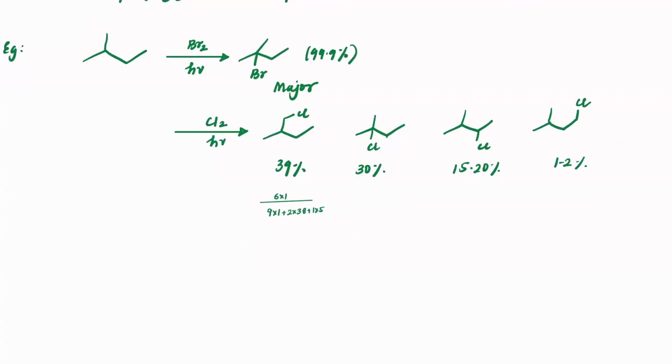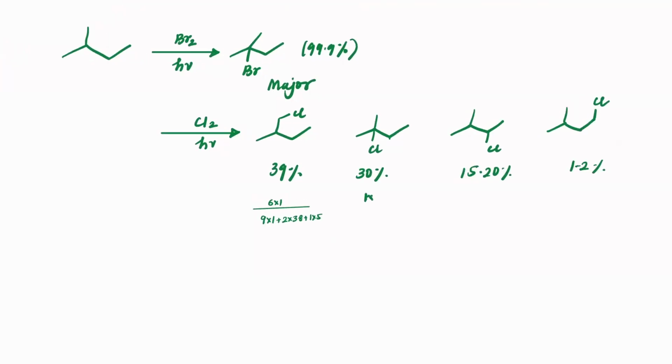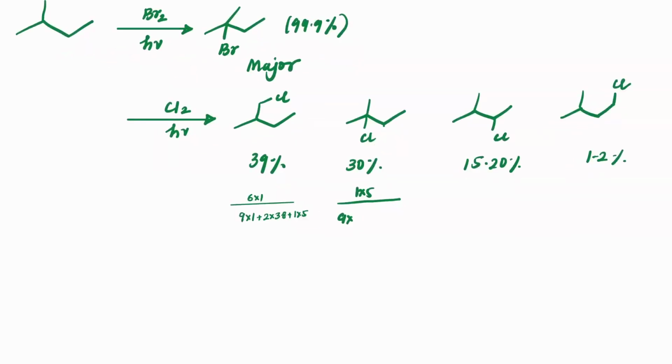Got it? And in the second case, this is around 1 into 5 upon 9 into 1 plus 2 into 3.8 plus 1 into 5, that into 100.